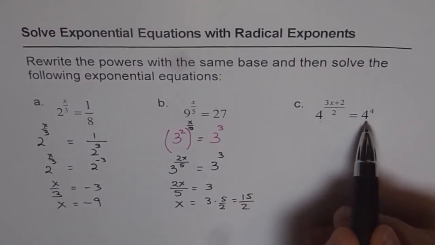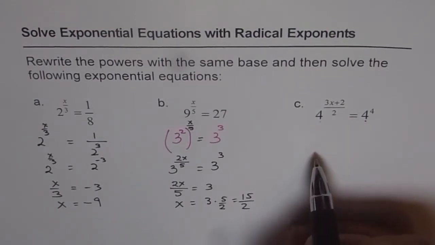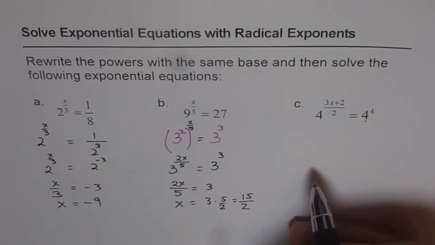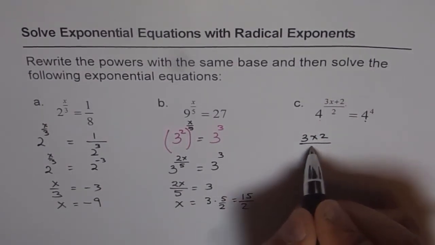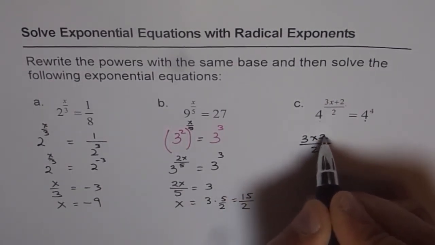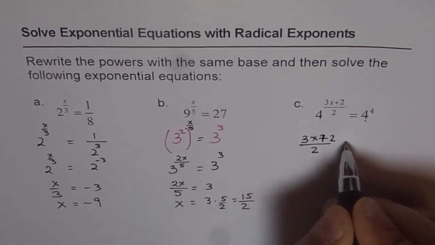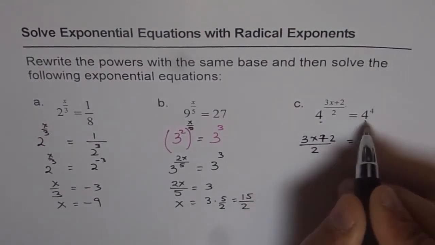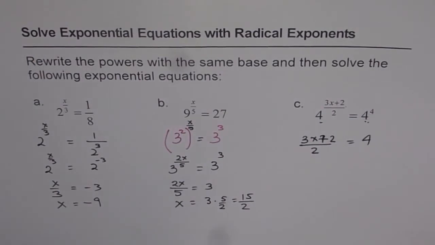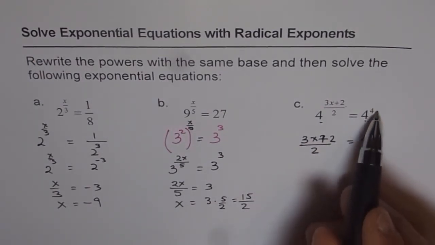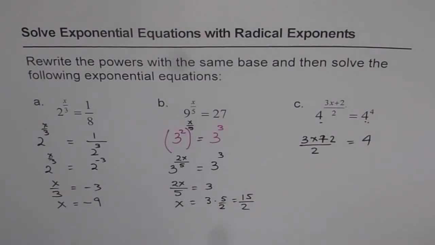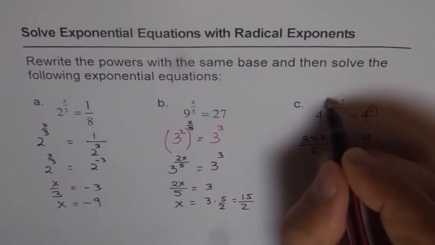We already have the same base, so what we need to do is equate their exponents, right, to solve the equation. So we can say 3x plus 2 over 2 is equals to 4, right? Since the base was same, we are just equating their exponents.